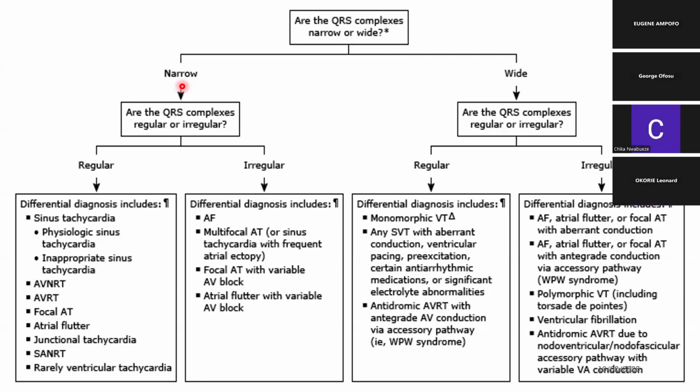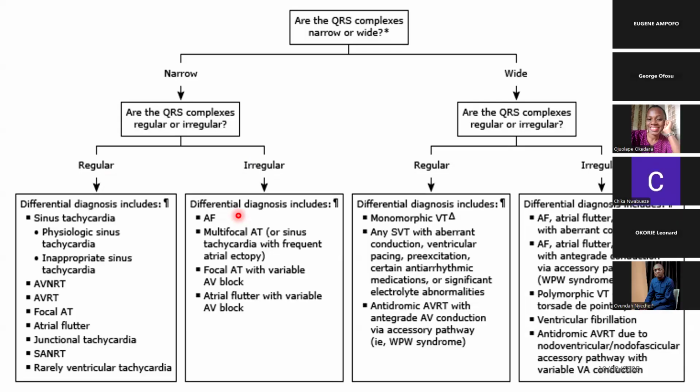However, if it's a narrow QRS complex but irregular, then the most likely differential is atrial fibrillation, multifocal atrial tachycardia, focal tachycardia with a variable AV block, or atrial flutter with a variable AV block.